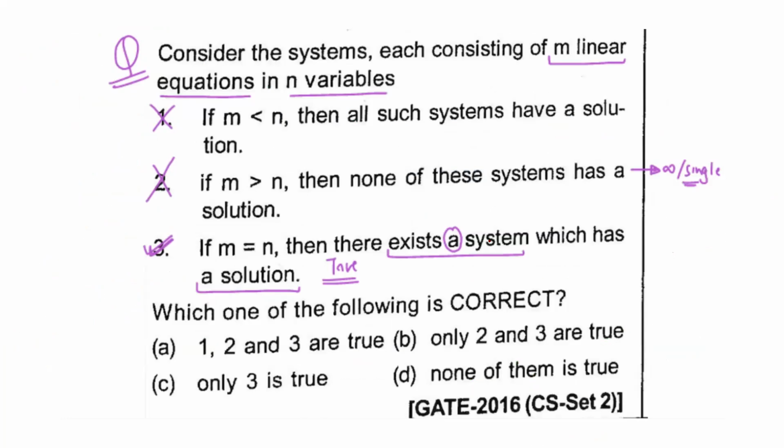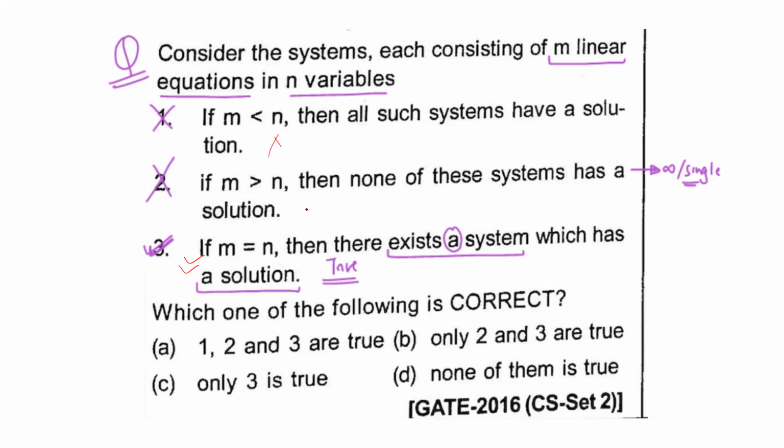Consider a system which consists of m linear equations in n variables. If m is less than n, which of the following is correct? If m is equal to n, then there exists this, which is true. If m is less than n, then all such systems have a solution. This is wrong.